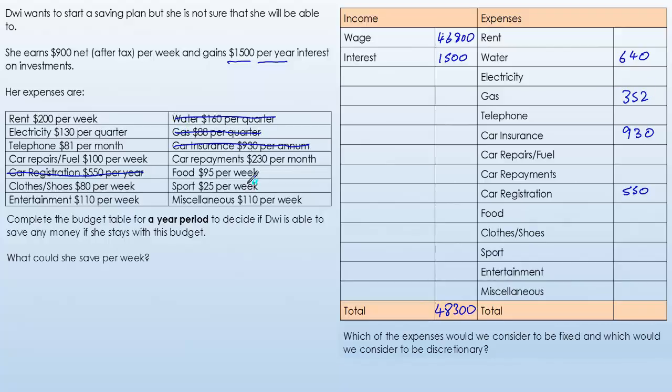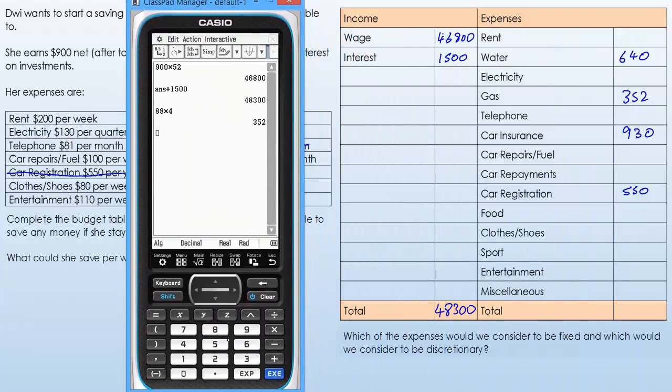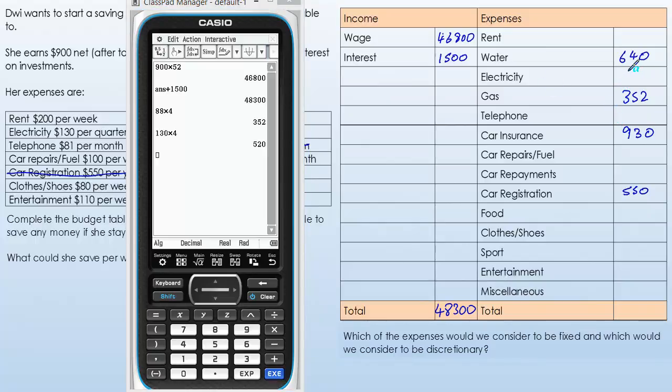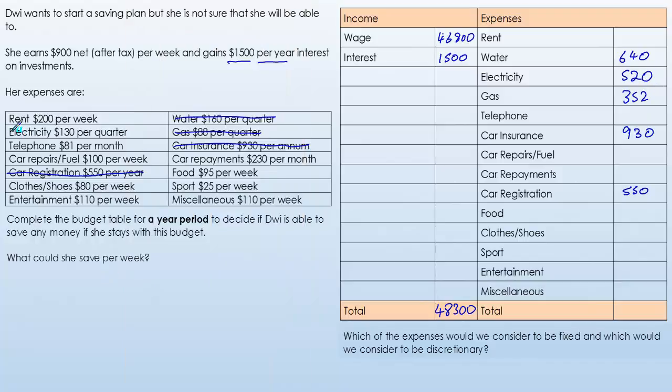Just cross them off as we do them. And we've also got electricity, 130 per quarter. So 130 multiplied by 4 is 520. So that was electricity. So let's just cross that off.